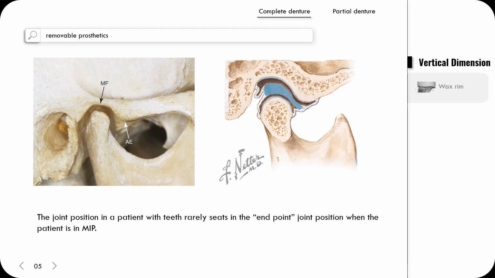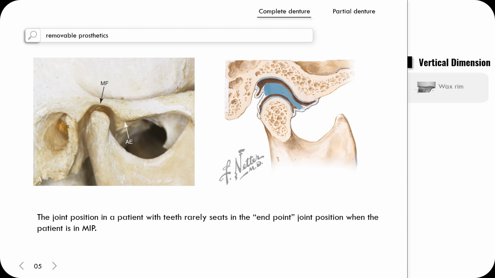Taking a look at the joint relative to the mandibular fossa, the textbooks always show the joint situated perfectly in the fossa, where it looks like the condyle is perfectly seated in that endpoint position.